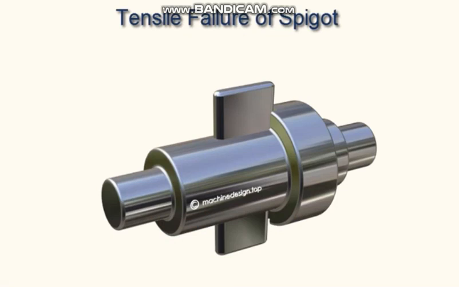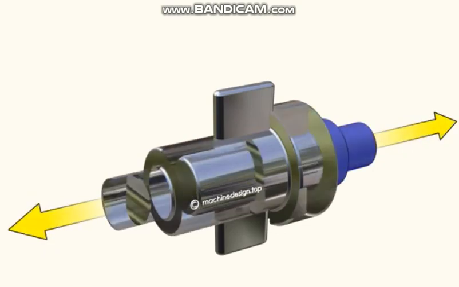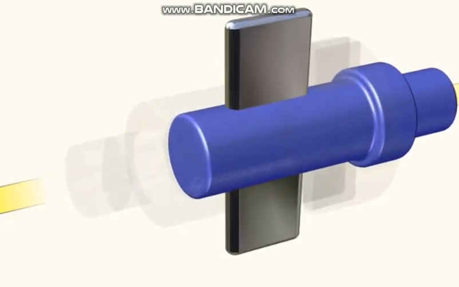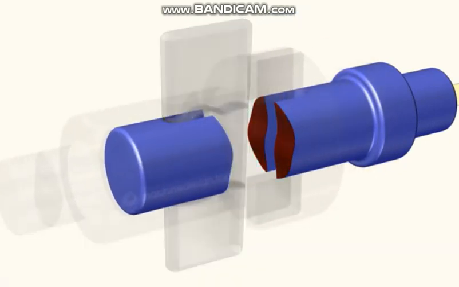Now failure of the spigot only we are seeing in tension. Again, it may fail across the slot. Earlier what we saw was the socket failing across the slot. Now the spigot failing across the slot. This is the area that should fail.